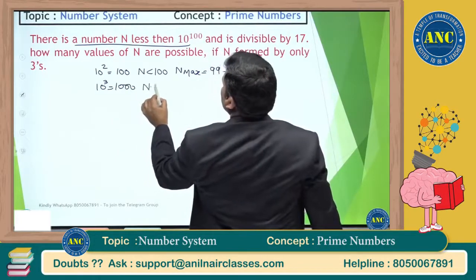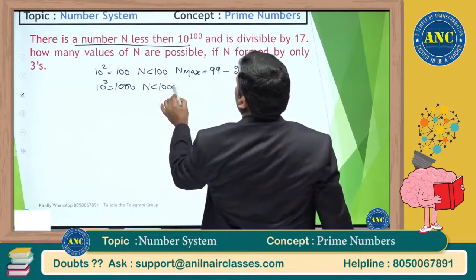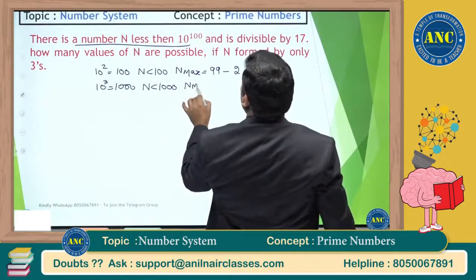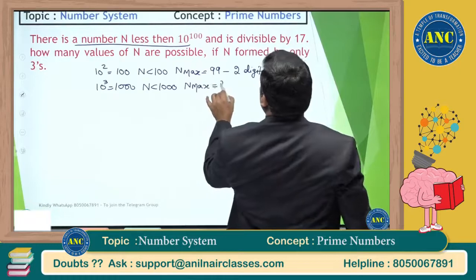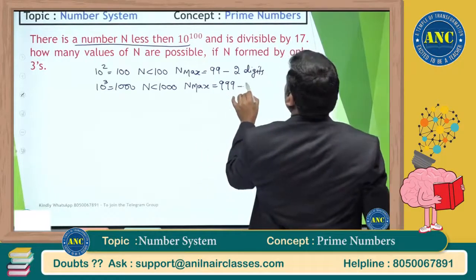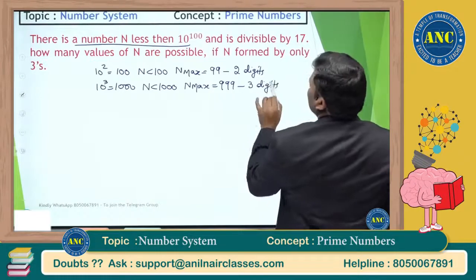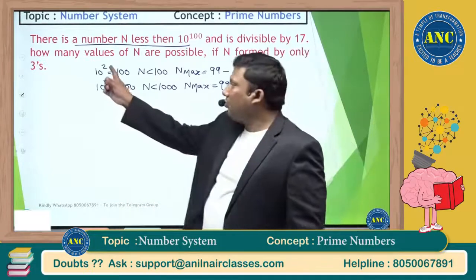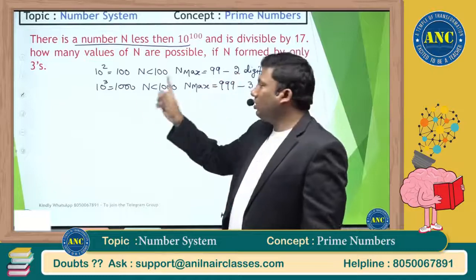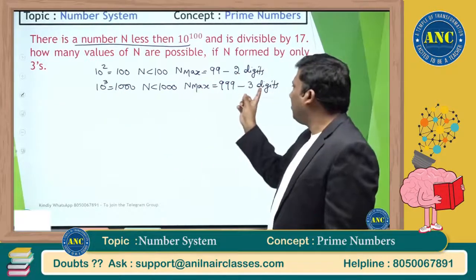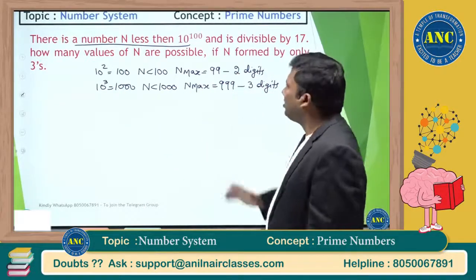A number less than 1000, what is the maximum value just less than 1000? It is 999. How many maximum digits can it have? 3 digits. So for 10 square, maximum digits is 2 digits. For less than 10 cube, it is 3 digits.